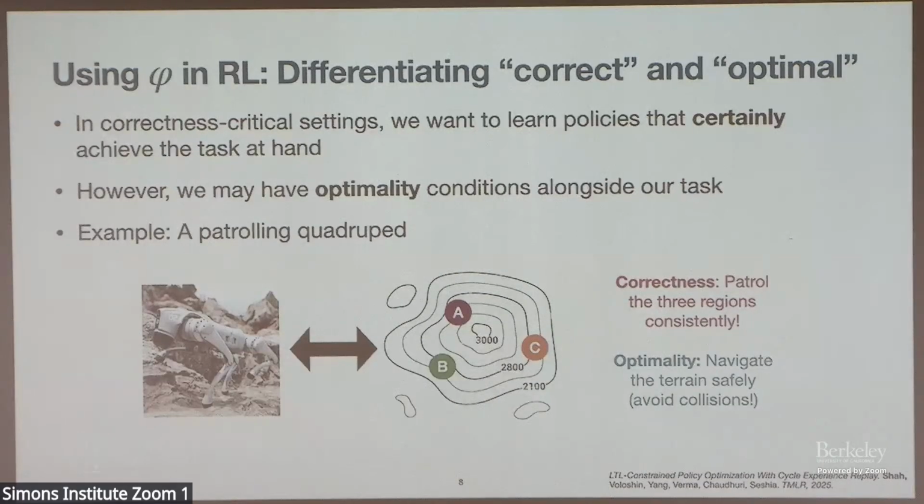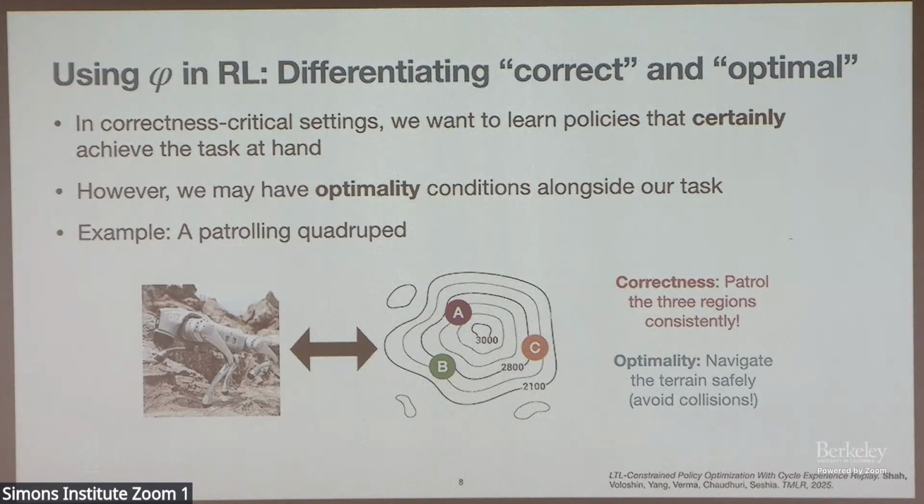And in a lot of correctness critical settings, besides boat games, we have this sort of problem setup, right? So I may have a task that I certainly want to accomplish, but I may have some optimality condition alongside that I want to be optimal with respect to while completing that correctness. And so I use this example of a patrolling quadruped. So if I have some kind of rough terrain and I have these 3 stations, A, B, and C, that I want the quadruped to patrol, maybe it's a defense task and we have some sort of safety criticality here. I want to make sure I'm doing that.